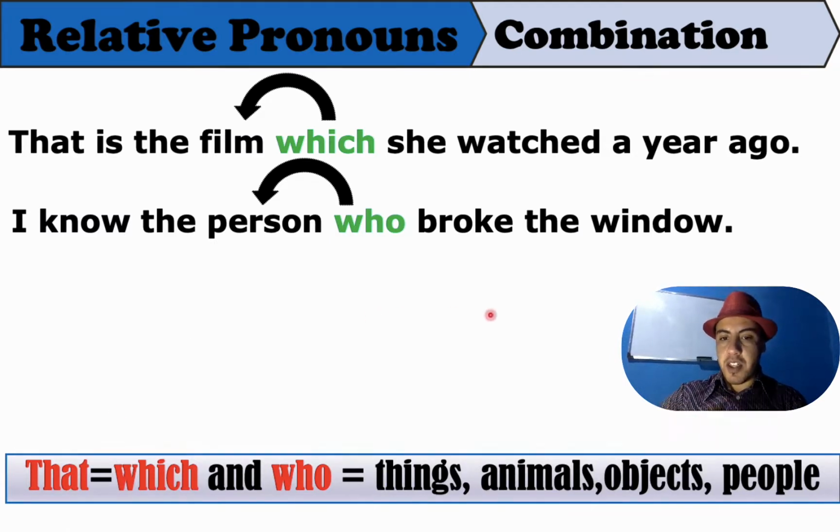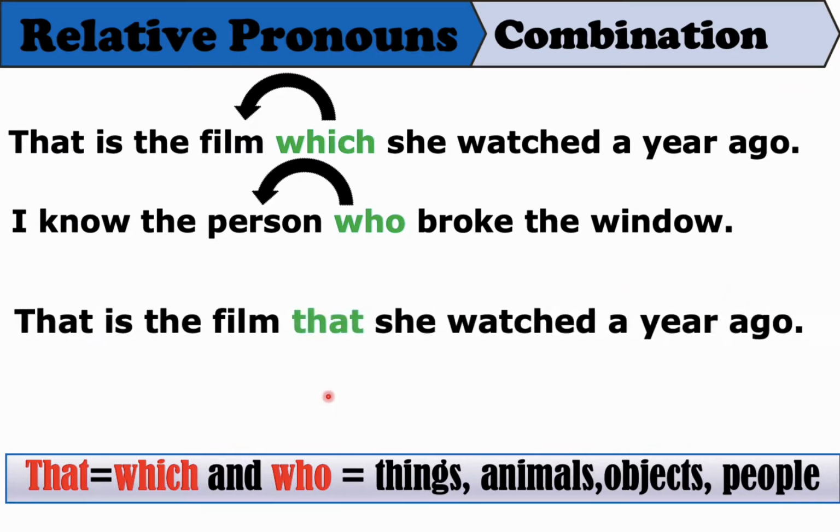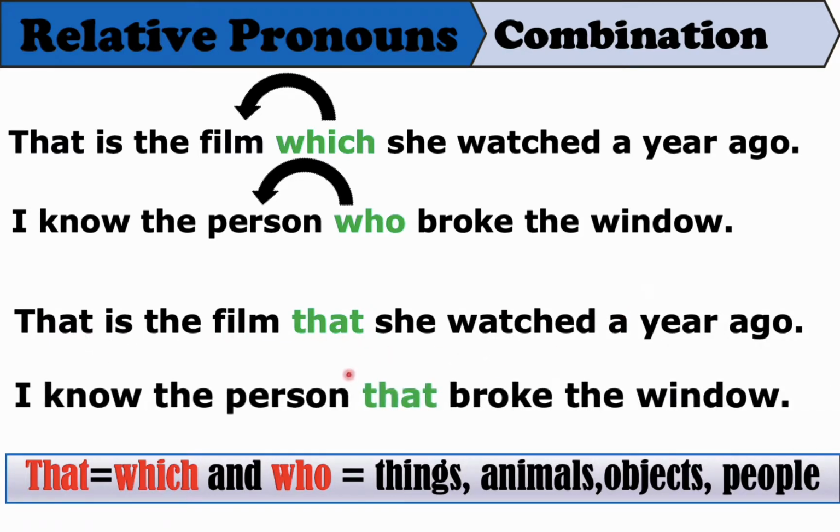That we use with things, animals, objects, and people. So what is that? Simply that means which and who. It's like we take which and who, and they give us that. So we can say that is the film that she watched a year ago. So it is correct, and also we can say I know the person that broke the window.